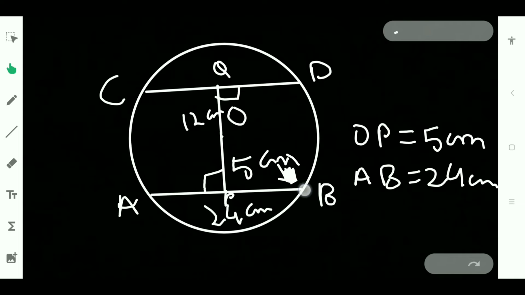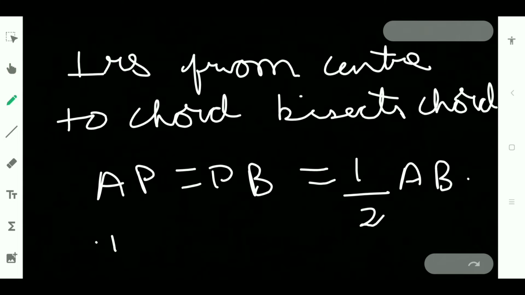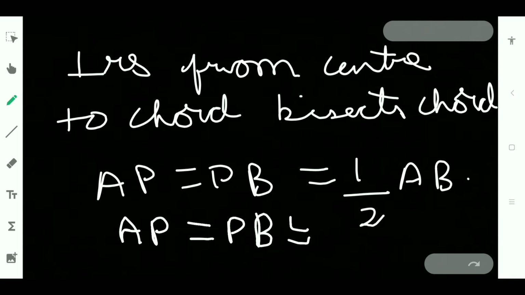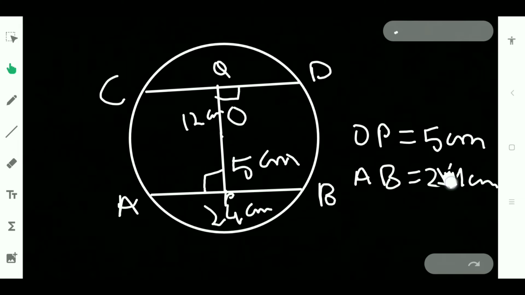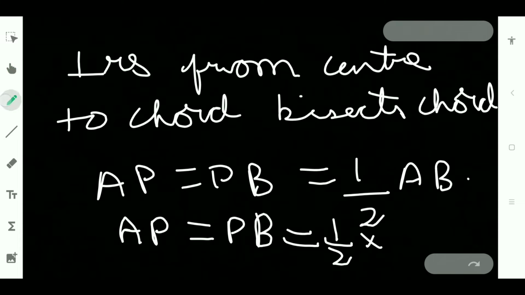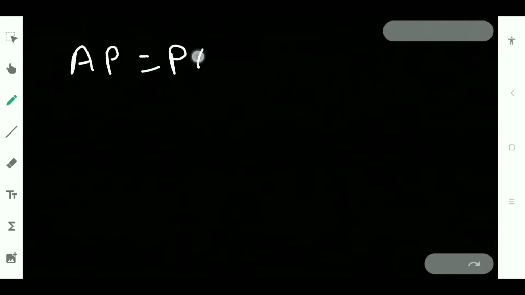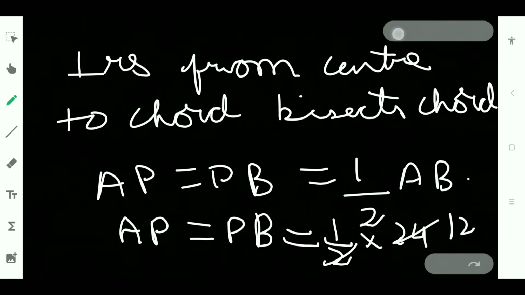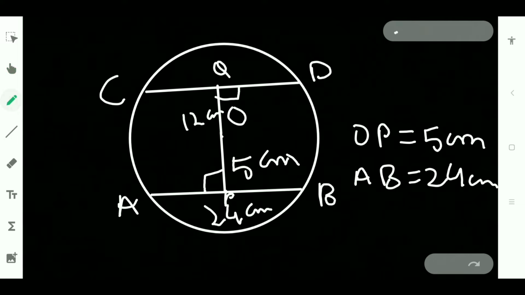Half of 24 is 12. So AP is equal to PB is equal to 12 centimeters. Now the AP length is 12 centimeters over here.